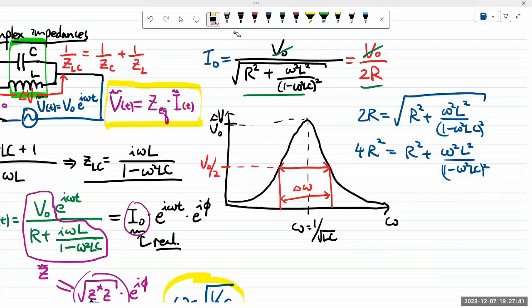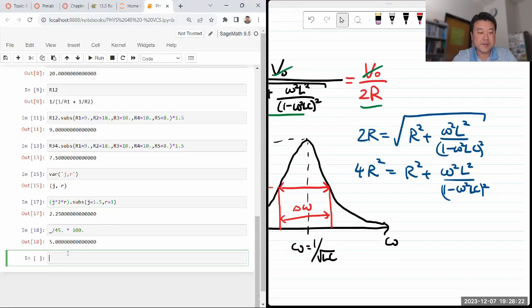And instead of doing this algebra by hand, let's use Sage math. So let's declare some variables. We're going to be using R, and instead of omega, let me call it omega squared, because I want to treat this omega squared like x. So let me just define that as x, and I'll put in x where I see omega squared.